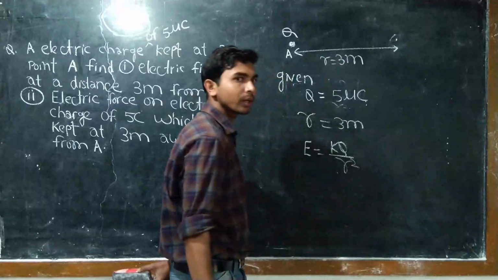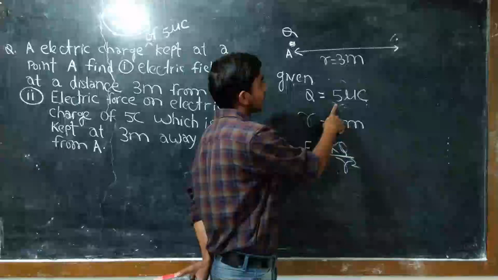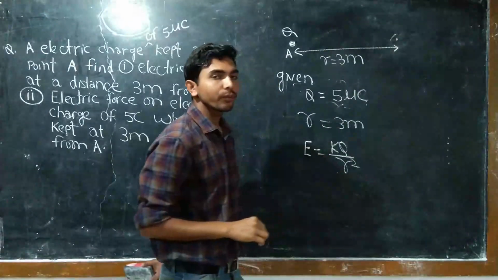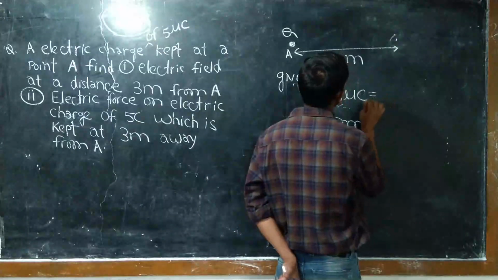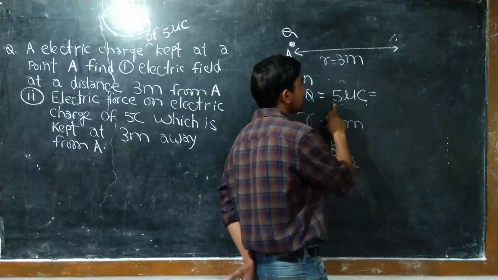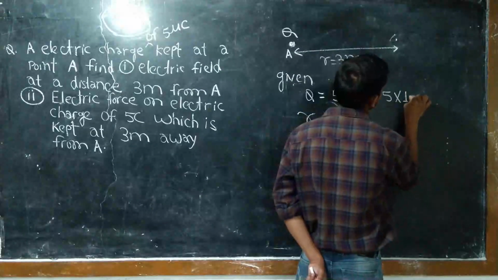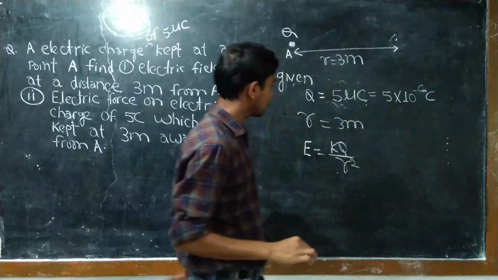K is known to you, and Q is given here. But Q is given in microcoulomb, so we have to convert it into SI unit. To convert microcoulomb to coulomb, we multiply with 10 to the power minus 6. Now this is converted into coulomb.